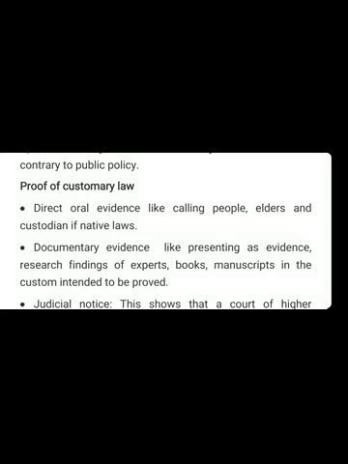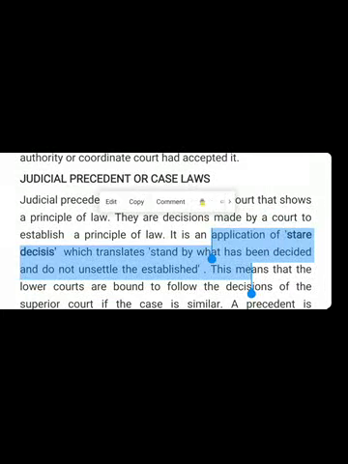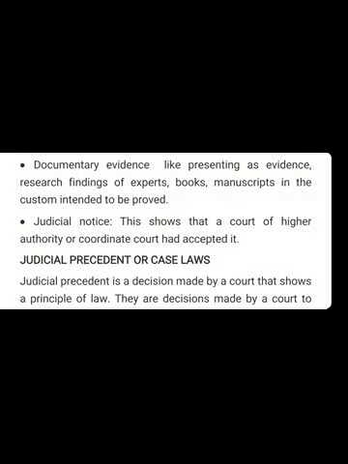The second one is documentary evidence, like presenting as evidence research findings of experts, books, manuscripts on the custom intended to be proved. The third one is judicial notice. This shows that a court of high authority or coordinate court had accepted it.